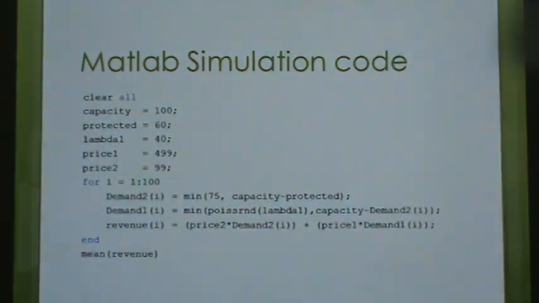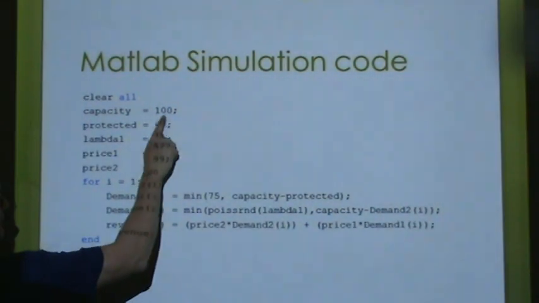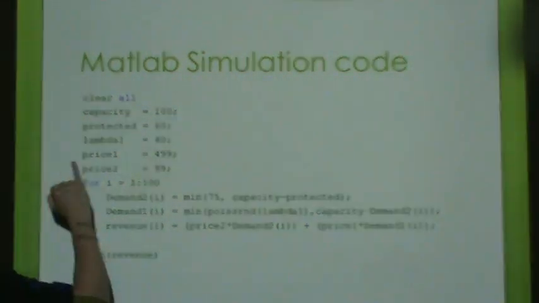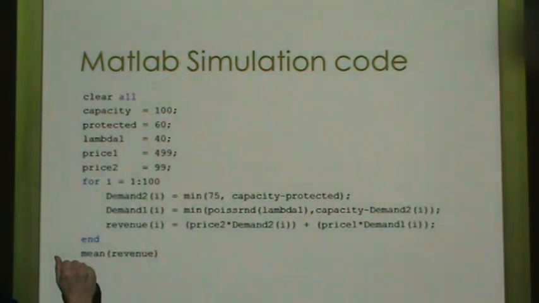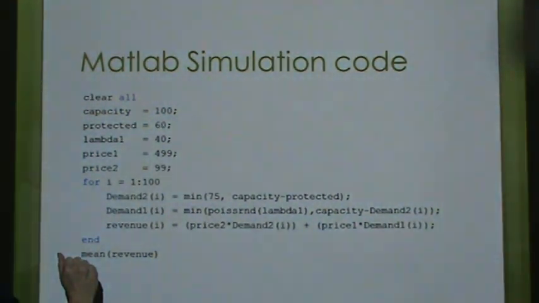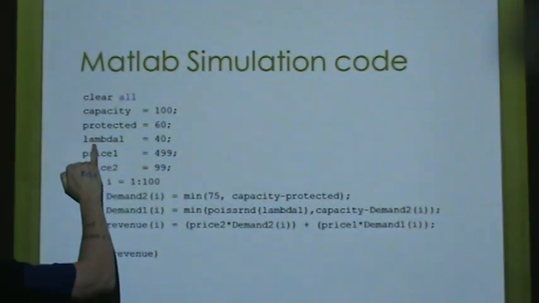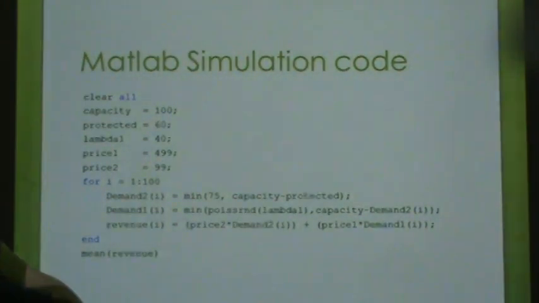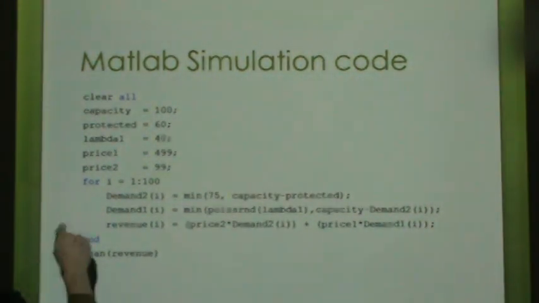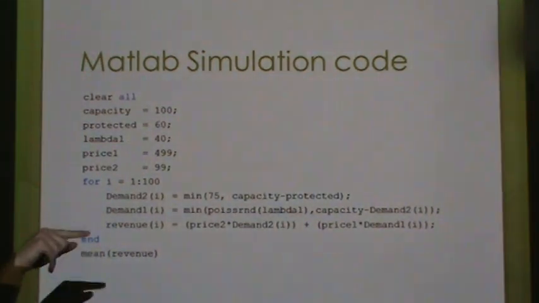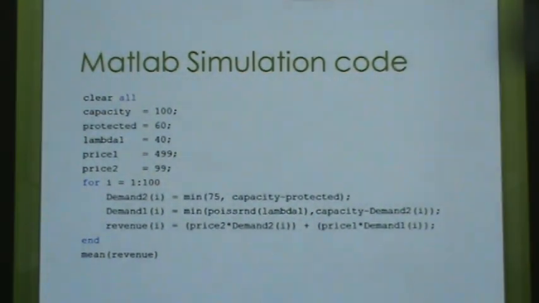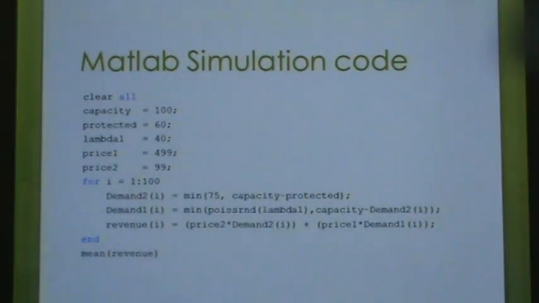Okay. So we have a capacity of 100. We've decided to protect 60 seats. And now we've decided to let lambda, so I'm using Poisson, the Greek letter lambda is usually the popular letter to use for the average.